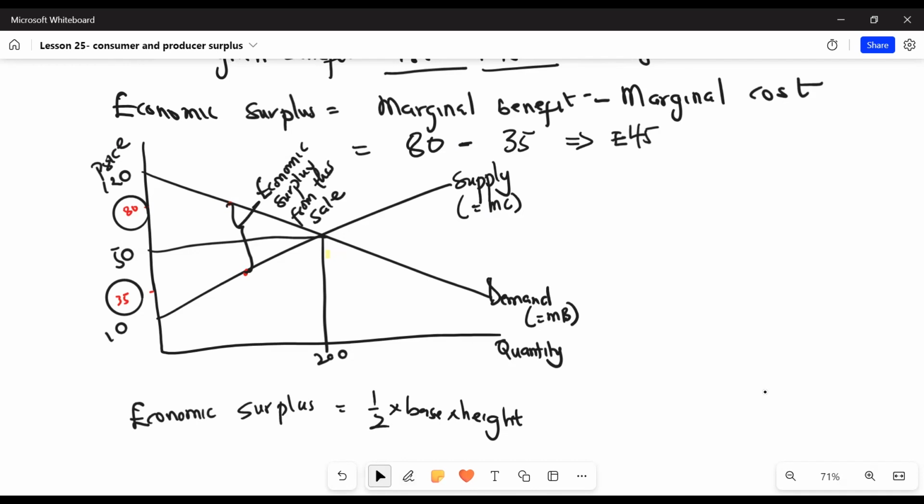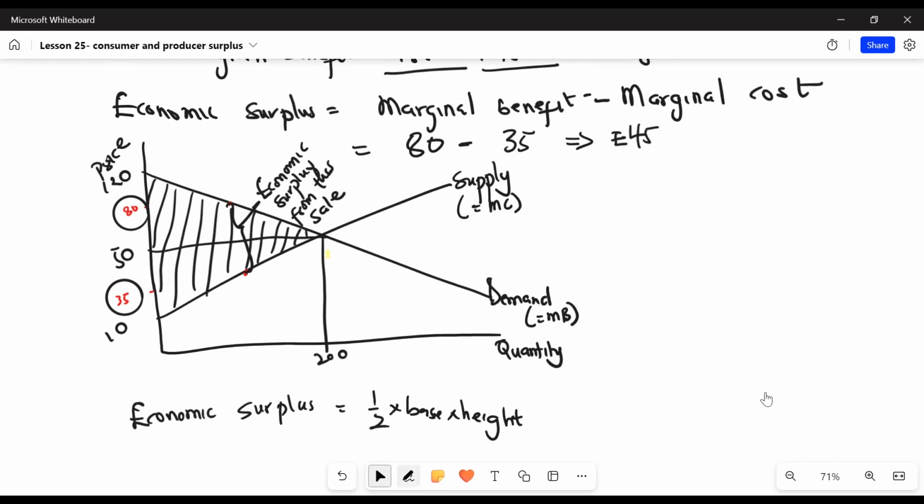If you want to find the total economic surplus across the market, then we simply have to add the consumer surplus to the producer surplus, or add the entire marginal benefit and subtract the cost of producing the good. So in this case, it is the area between the demand and the supply curve out to the quantity bought or sold, and it is represented on this curve as this entire shaded area.